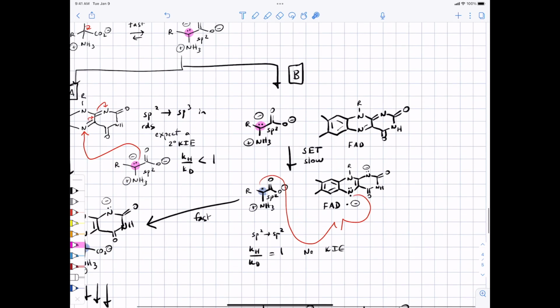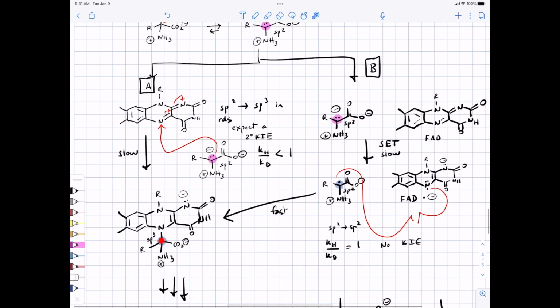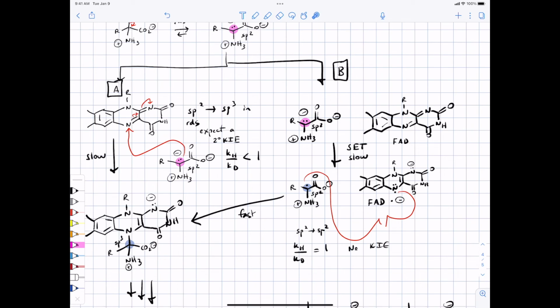In contrast, they envisioned another pathway where you do, and this is something I don't really understand, single electron transfer as the slow step from the enolate to FAD. That would generate a radical amino acid species and then a radical FAD species, which would subsequently react, collapsing to form this, again, sp3 hybridized carbon-nitrogen bond.